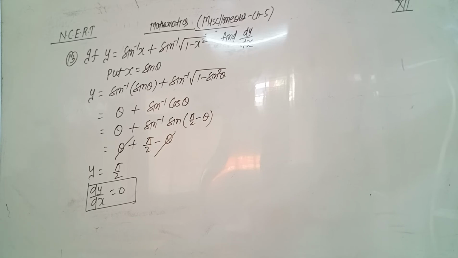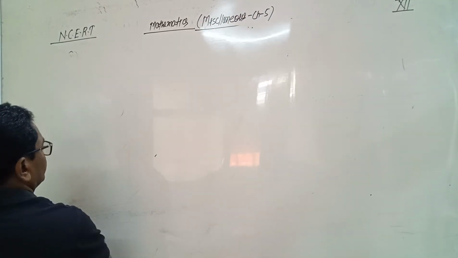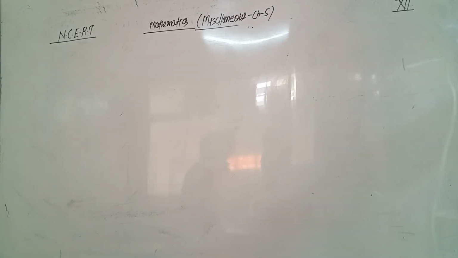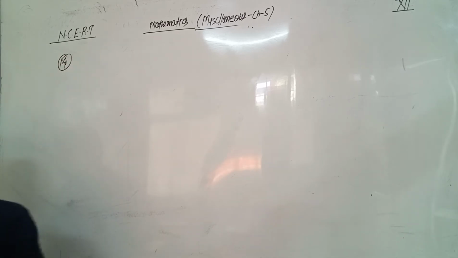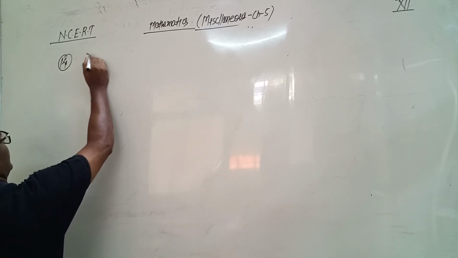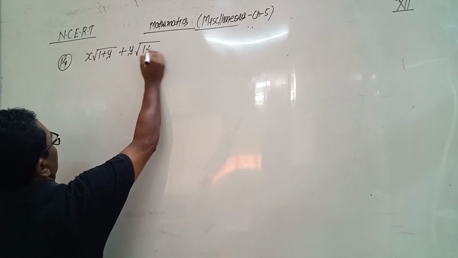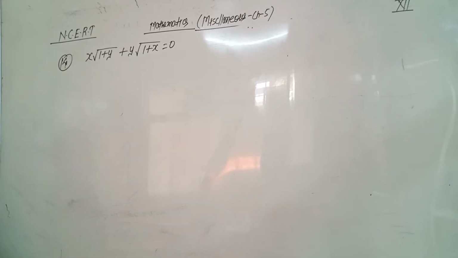See question number 14. It is given that x root (1 plus y) plus y root (1 plus x) equals 0.